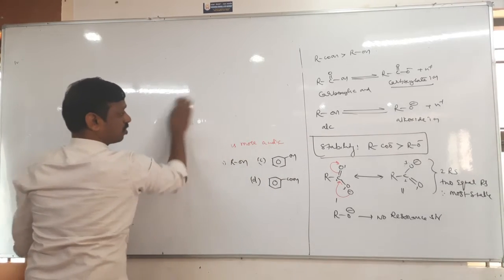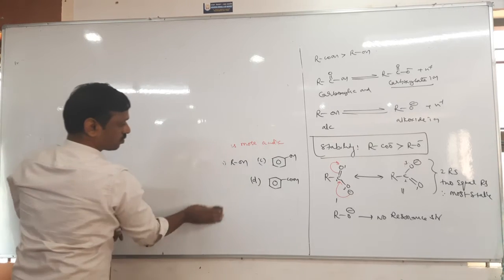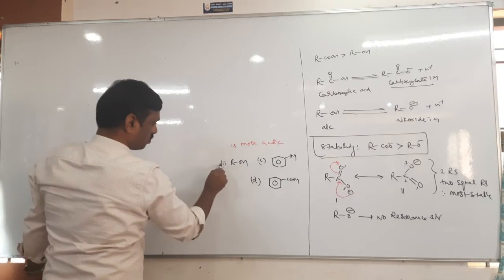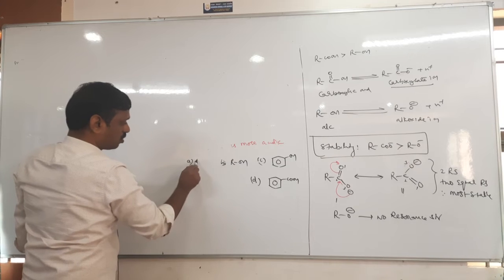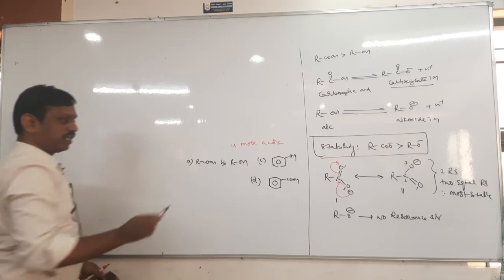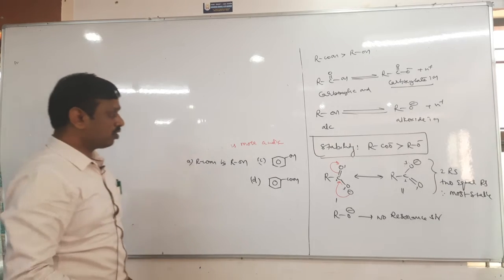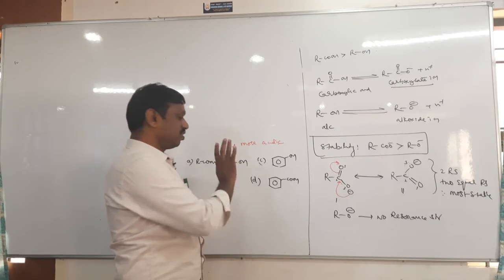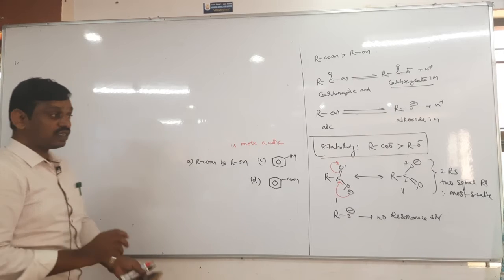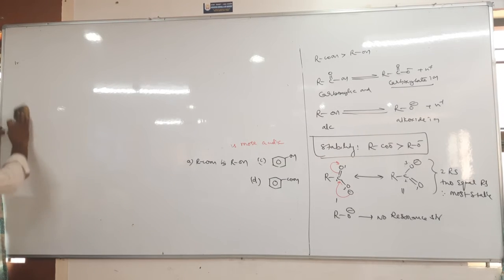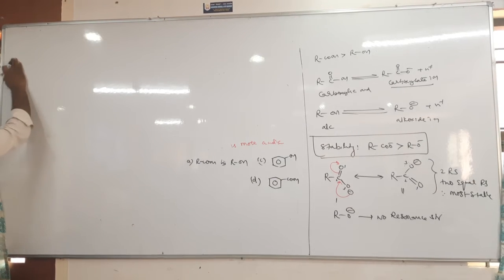But there is another option, phenol. Let us see, that also will finish here only. Now I want a comparison of phenol with alcohol first. Tell me, among alcohol and phenol, which is more acidic? Again, it is based on resonance only.